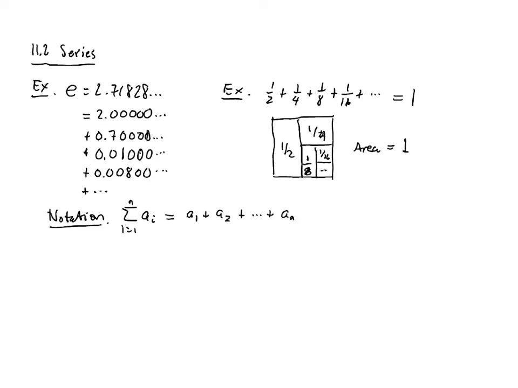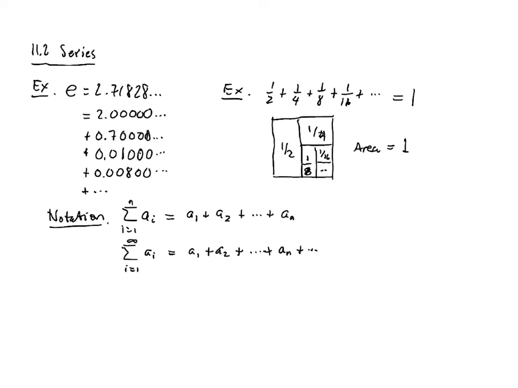If I vary that by considering the sum i equals 1 to infinity instead of stopping at n, then I have a1 plus a2 plus all the way up to an, and then I keep going, adding up all of the numbers occurring in that sequence.